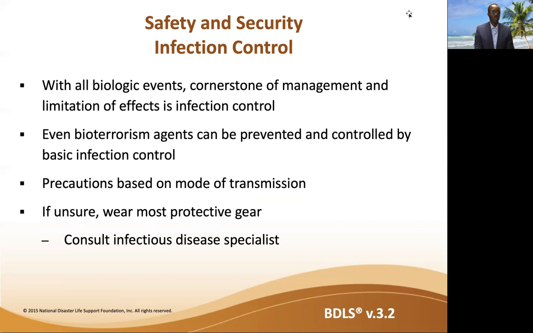If you are unsure what to wear, and you likely will be early on, wear the most protective available PPE. You may need the assistance of your local infectious disease specialist or public health office to determine the appropriate level of protection.